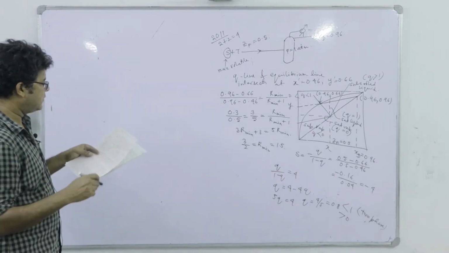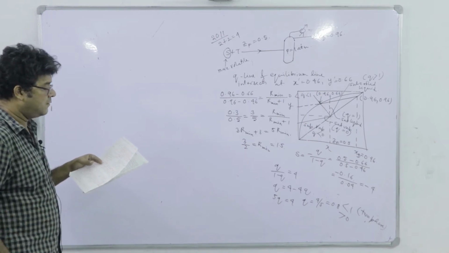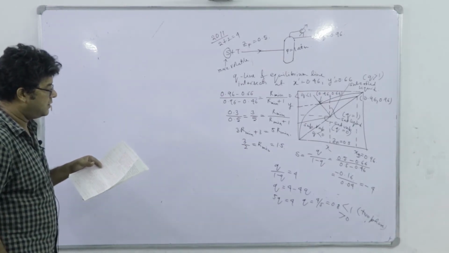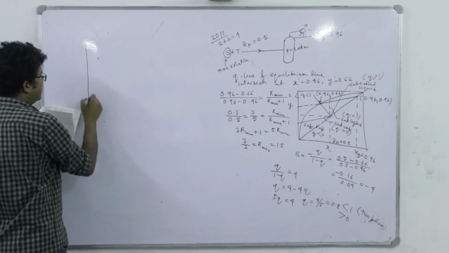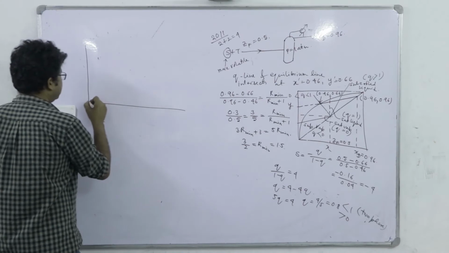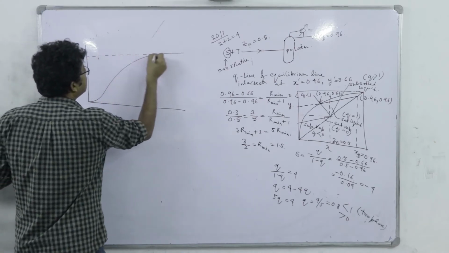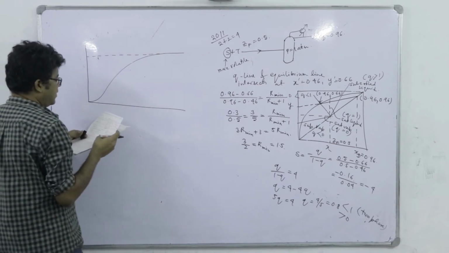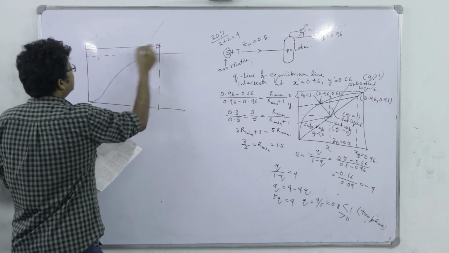This is a theory question. The equilibrium moisture curve for a solid is shown in the figure below. What is that? These regions are marked, like this is 3.